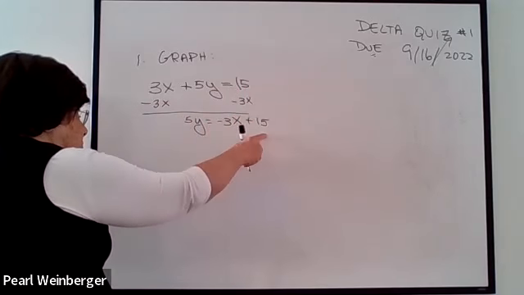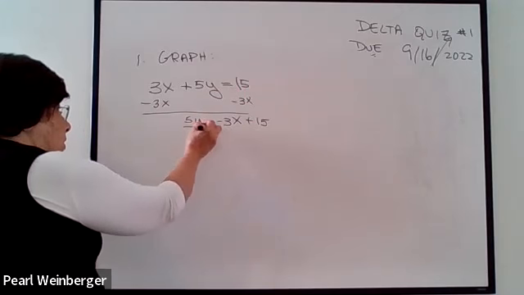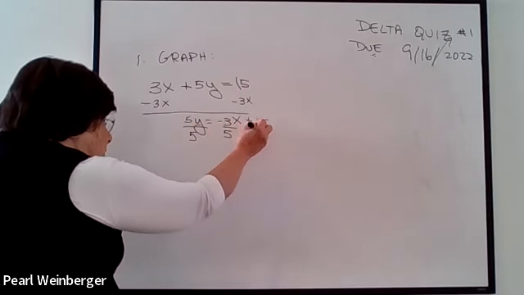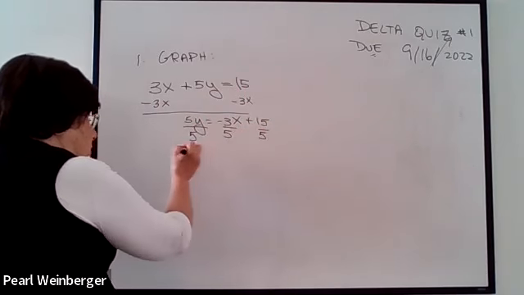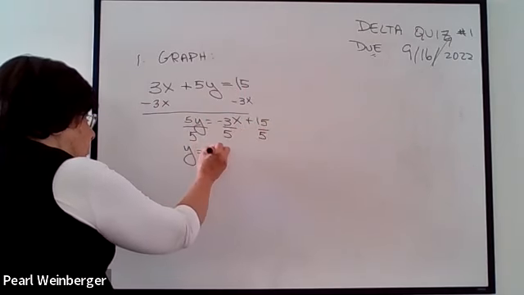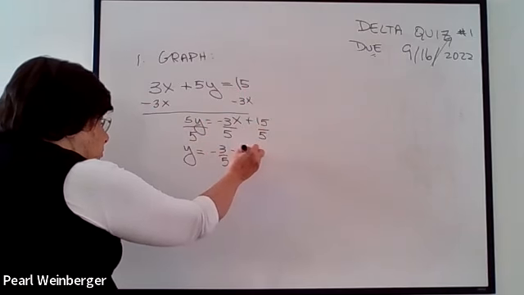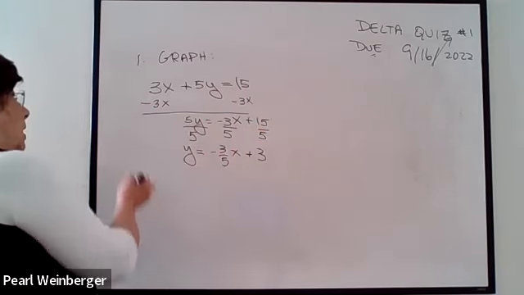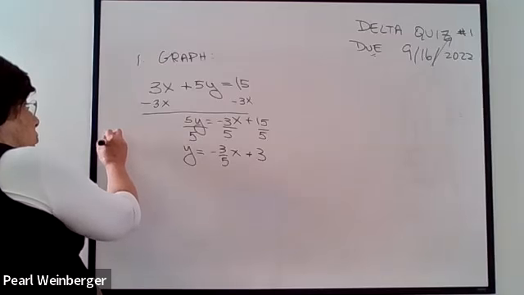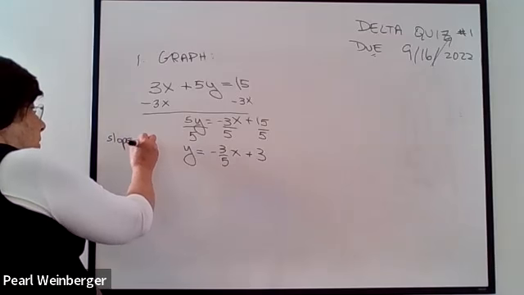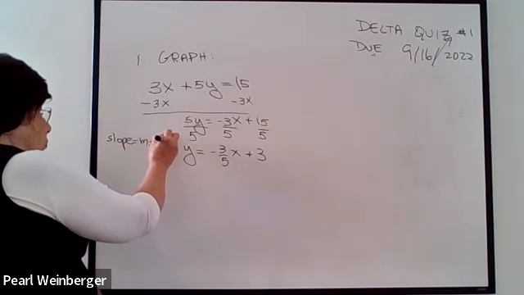Remember, these are not like terms, so we just have to keep them separate. And then we're going to divide each term by 5 to get the y alone. So we get y equals negative 3/5 x plus 3. And that means that my slope, that's my m, is negative 3/5.